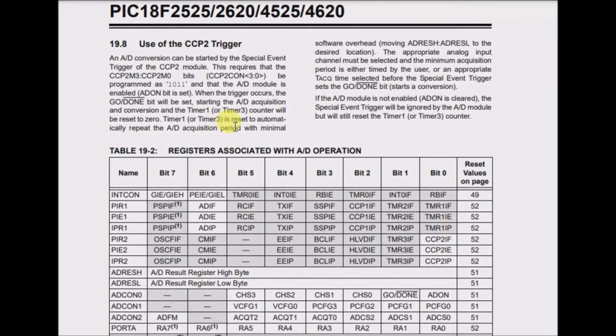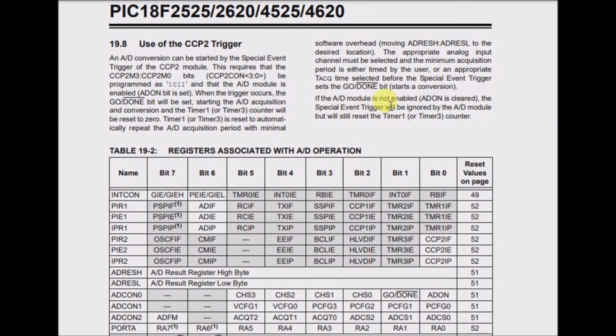Timer1 or Timer3 is reset to automatically repeat the AD acquisition period with minimal software overhead, moving ADRESH and ADRESL to the desired location. The appropriate analog input channel must be selected, and the minimum acquisition period is either timed by the user or an appropriate TACQ time selected before the special event trigger sets the GO/DONE bit and starts a conversion.